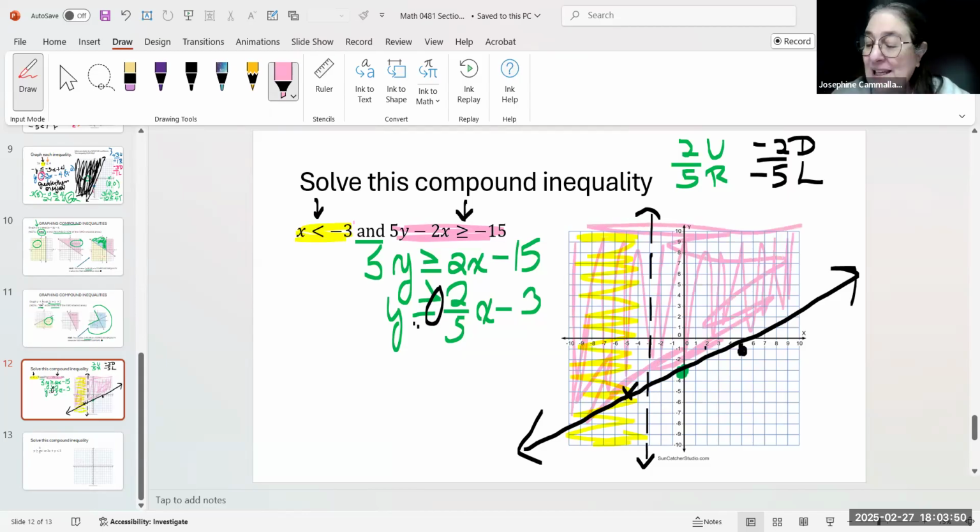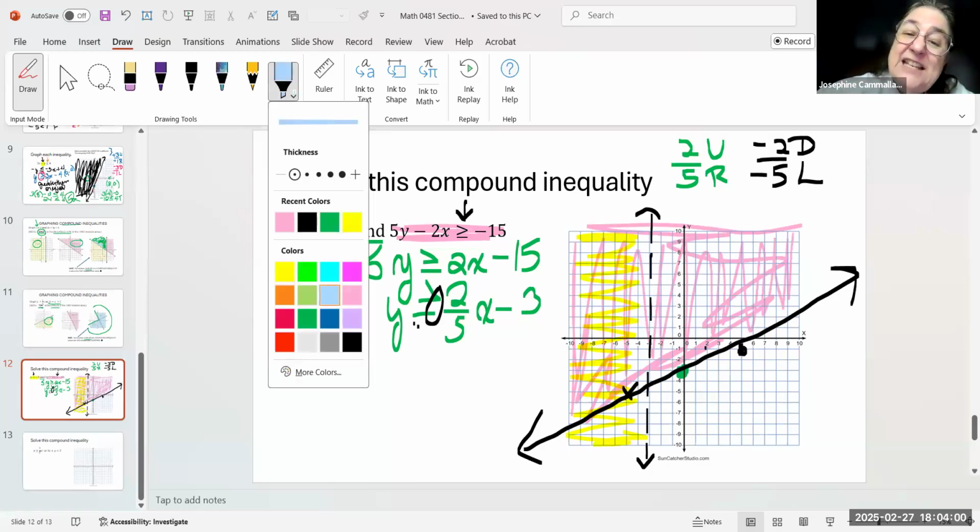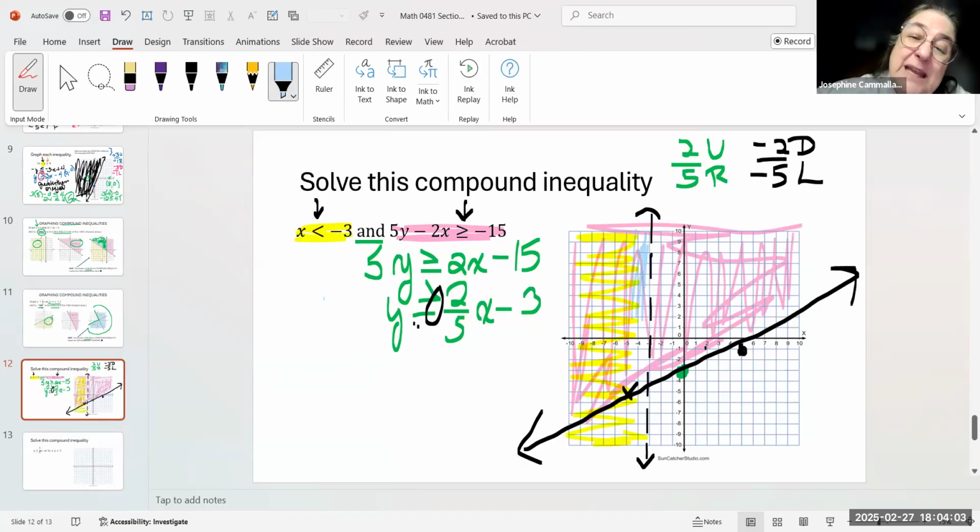But where does the pink and the yellow have to intersect? That is going to be this blue area. It's this blue area.